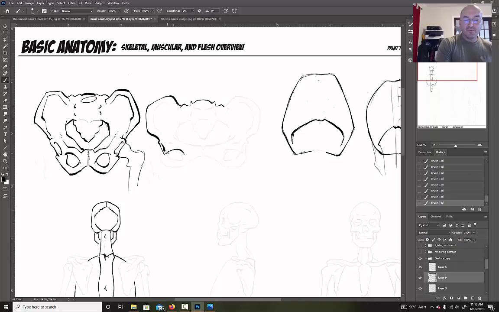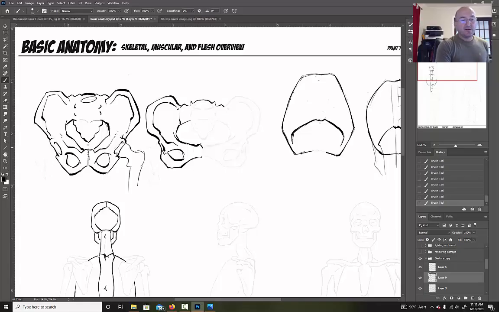Now, the shape of these bones has other meanings too. So when you look at a male skeleton, the femur bone that sticks out of the bottom of it is going to be much more vertical on a male.